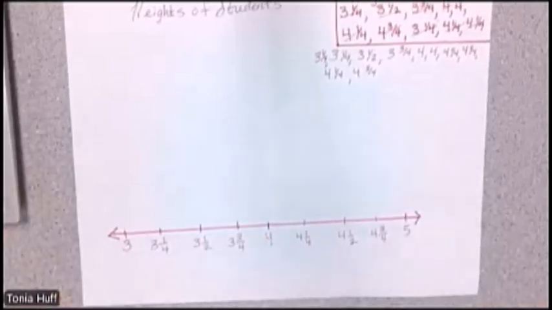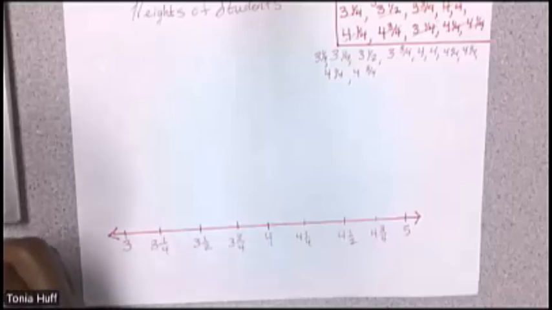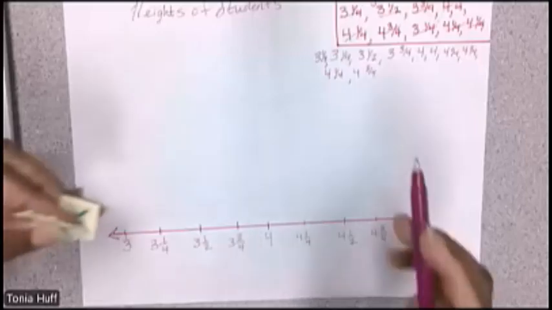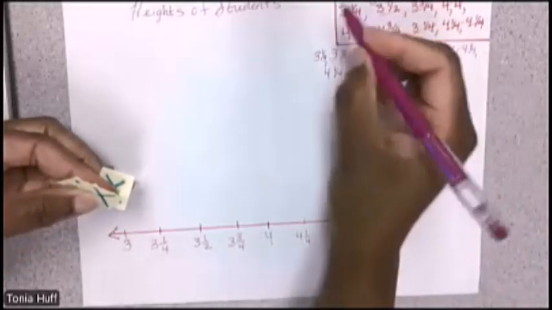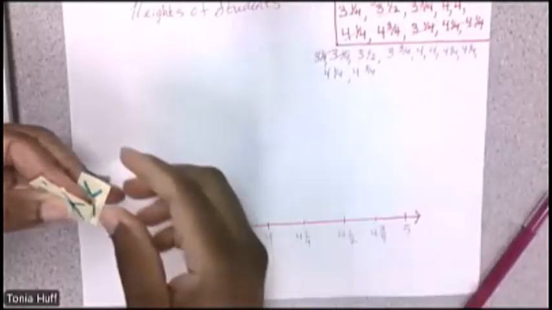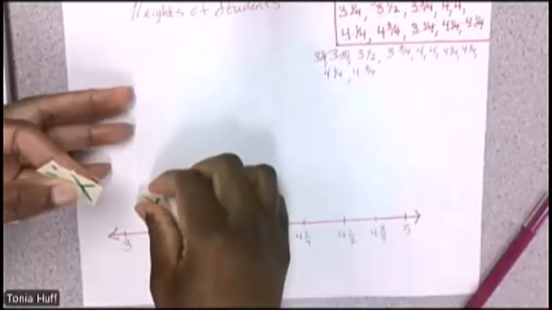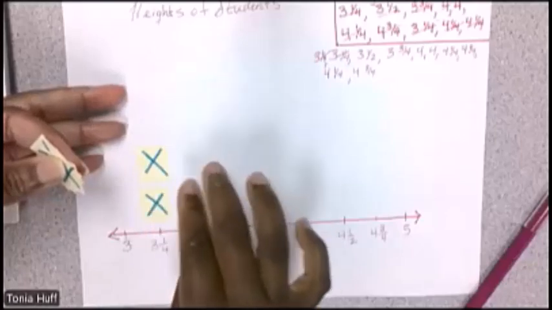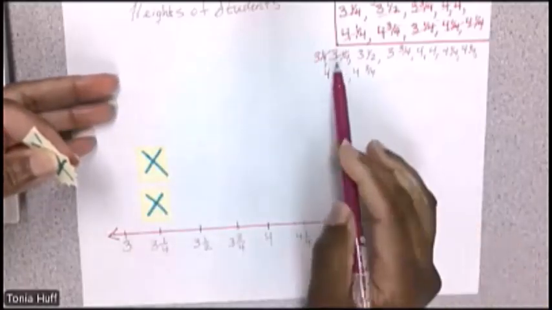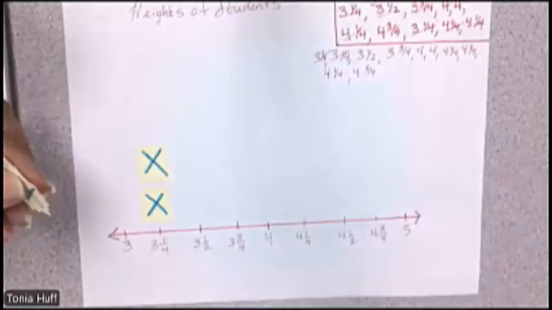Okay, now using my data, I'm going to use the X's to place each one of the numbers from my data set. So I know I have 2 people who were 3 1/4 feet high. So I'm going to put 2 X's to represent the 2 people that were 3 1/4 feet high.